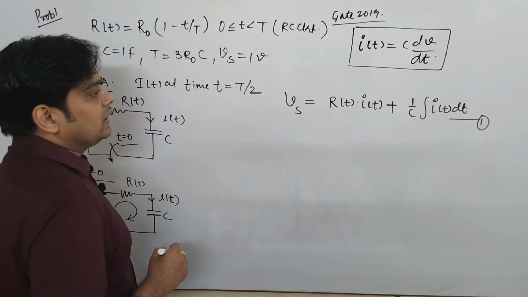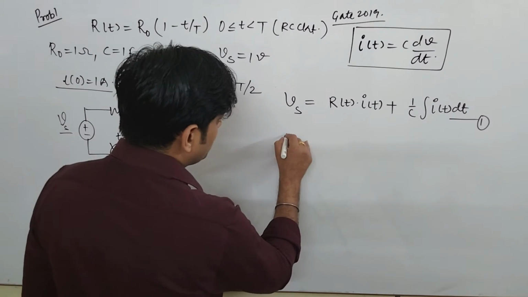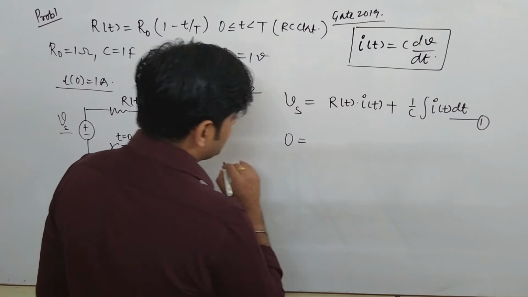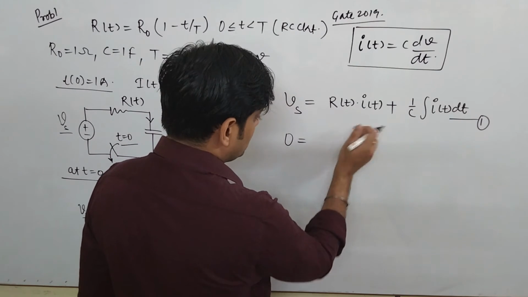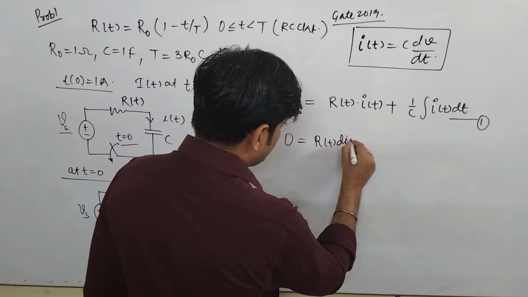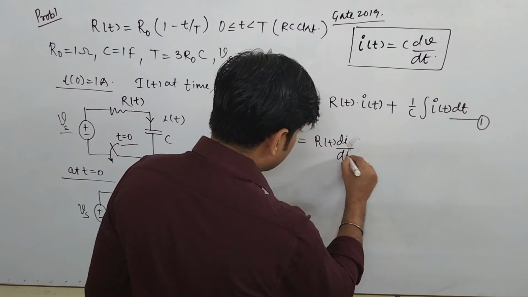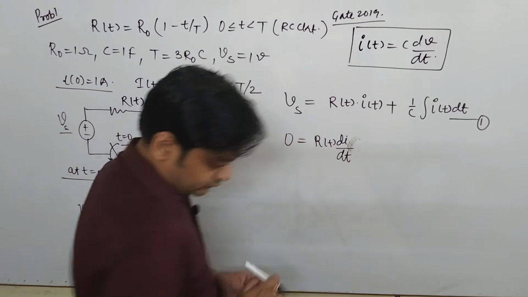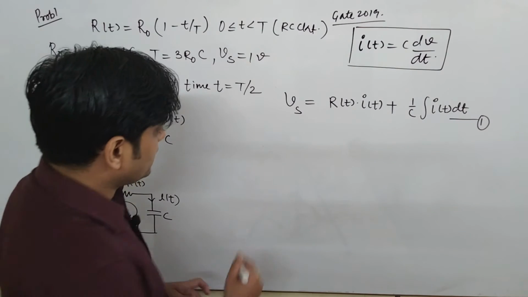If I differentiate this equation, since Vs is 1 volt, a constant, it will go to 0, so you can say 0 is equal to, these are the two time functions A and B, so that product formula will be applicable. It will become R(t) di by dt. Once again I will write it in a clearer form.